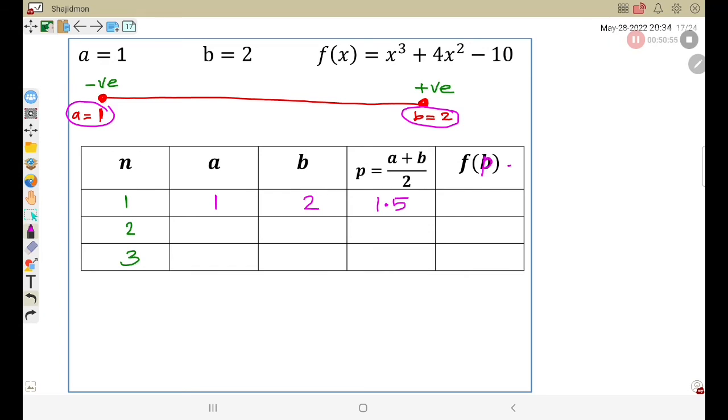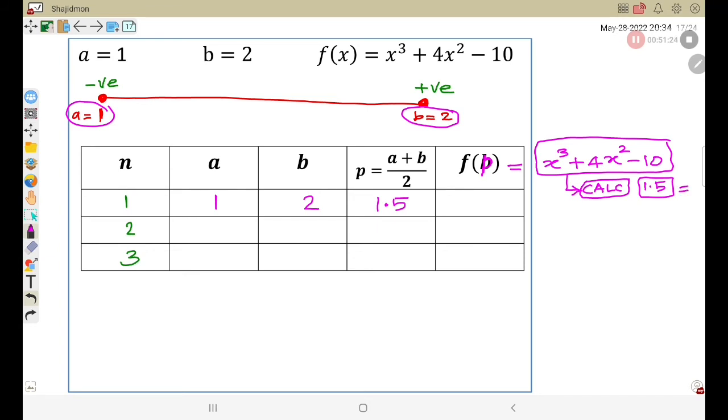We can write f of p equal to x power 3 plus 4x power 2 minus 10. This is already there in your calculator. Just press the calc button and this number, p number 1.5, press equal to.